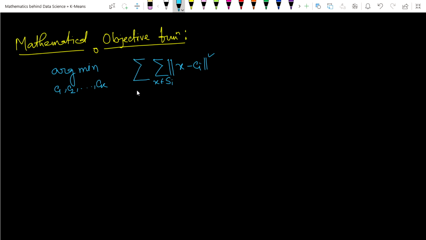We have to calculate it, where i must range from 1 to k. Okay, this is the simple optimization problem, the optimization objective function.